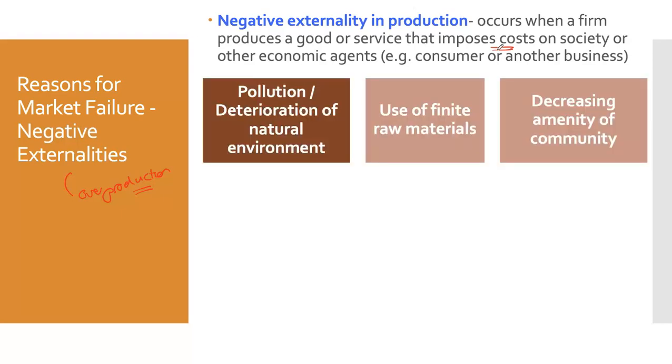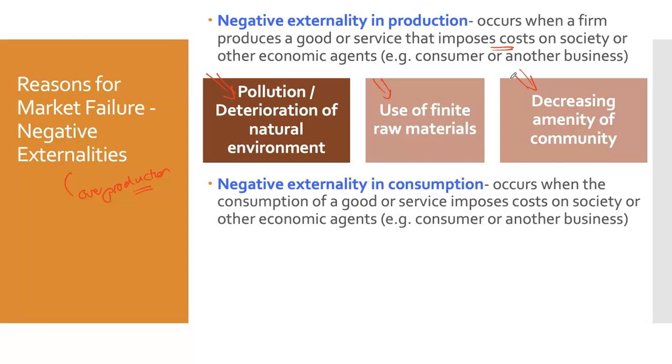And these negative things that aren't considered might include degradation of the natural environment or pollution, the use of finite raw materials, or decreasing the amenity of the community. So these are negative impacts that might be ignored in the production process.